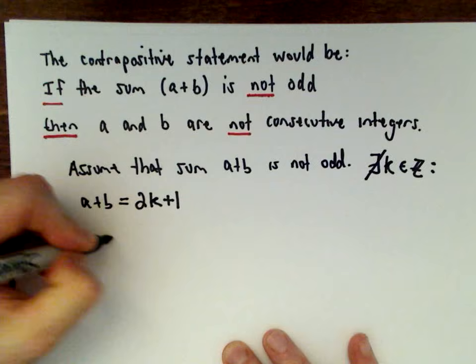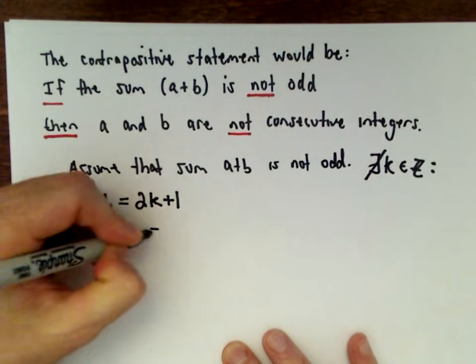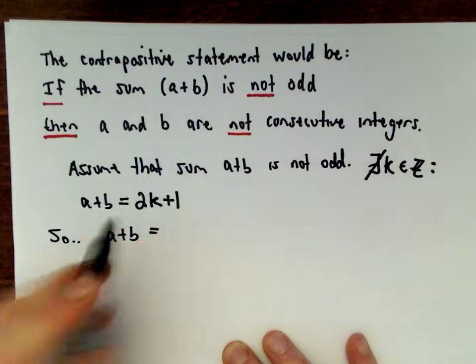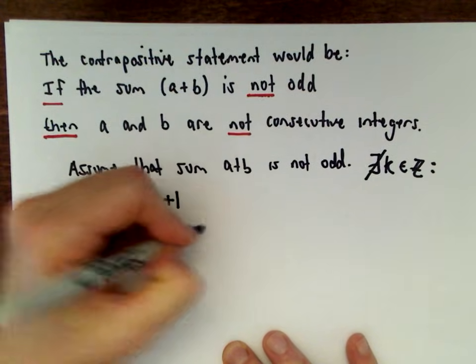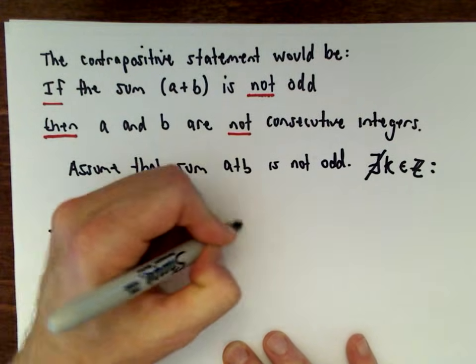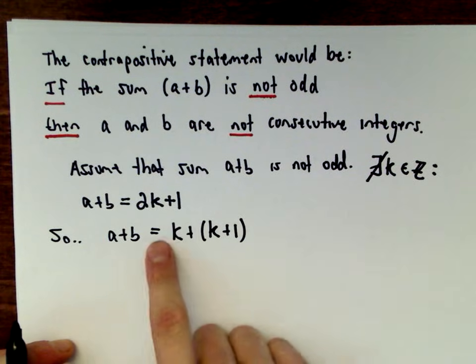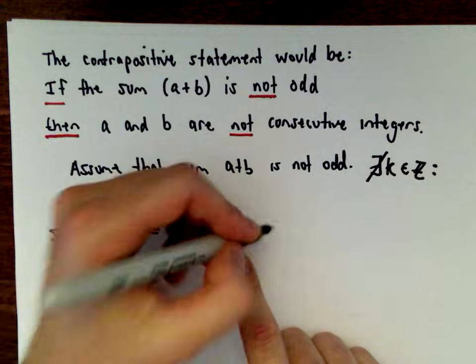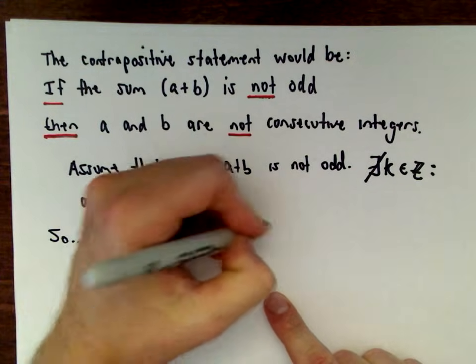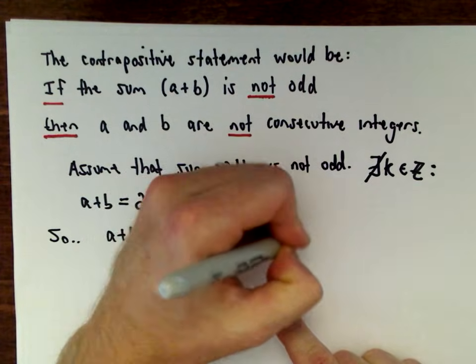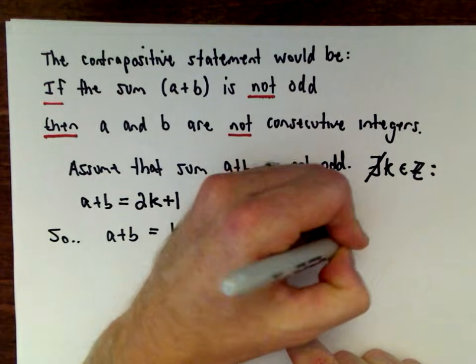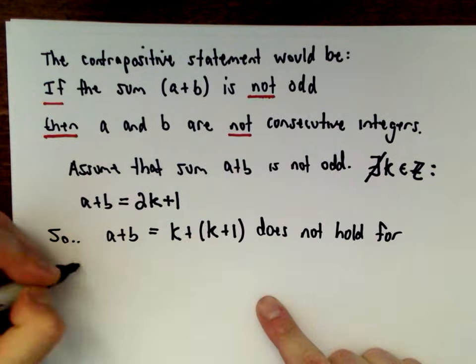So, well, we can again rewrite this. I could write 2k plus 1 as k plus 1. So this statement, a plus b equals k plus 1, does not hold for any integer k.